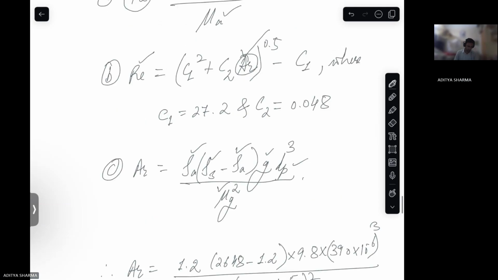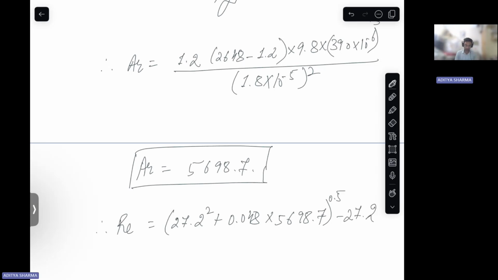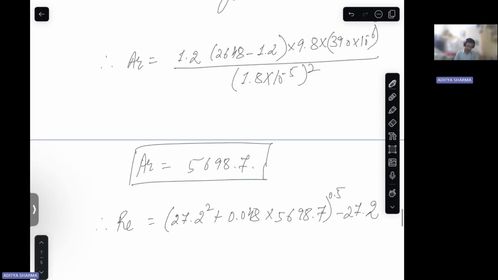Now, what do we need to find out? The Reynolds number. Reynolds number is the square root of C1, 27.2 squared, plus 0.048, C2, into Ar, raised to 0.5, minus 27.2, that is C1.